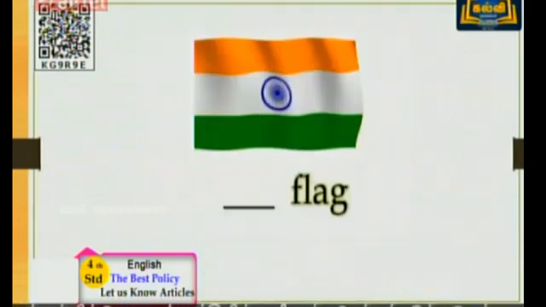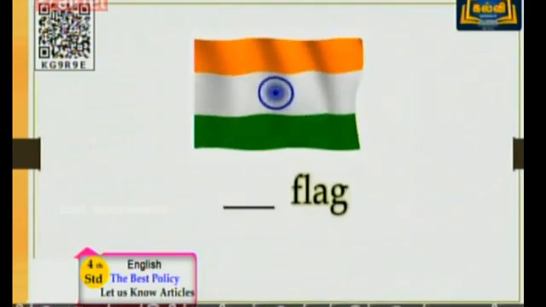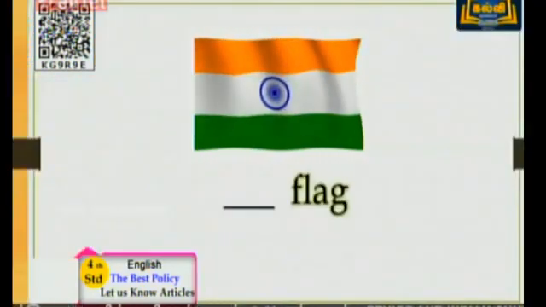You're right. What is this, ma? All of you will answer this. Any article you should use before that word? Flag. F-L-A-G. See the spelling? From the spelling part only you can immediately use that article because they won't make much more confusion at your primary level. So by seeing the spelling and the word, you can immediately use the article A or an. That is a flag. Yes, you're right.